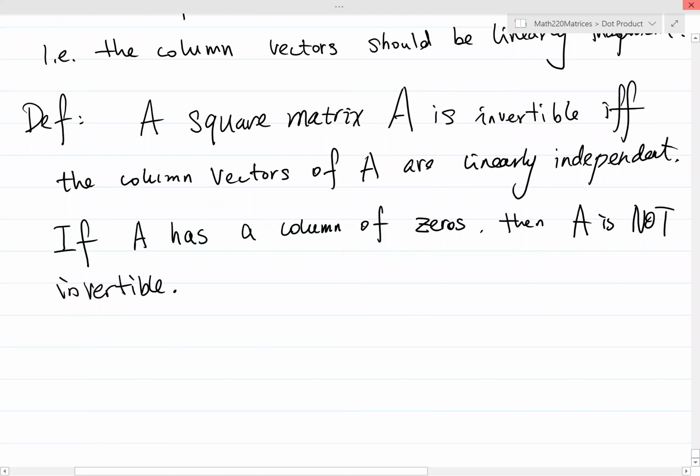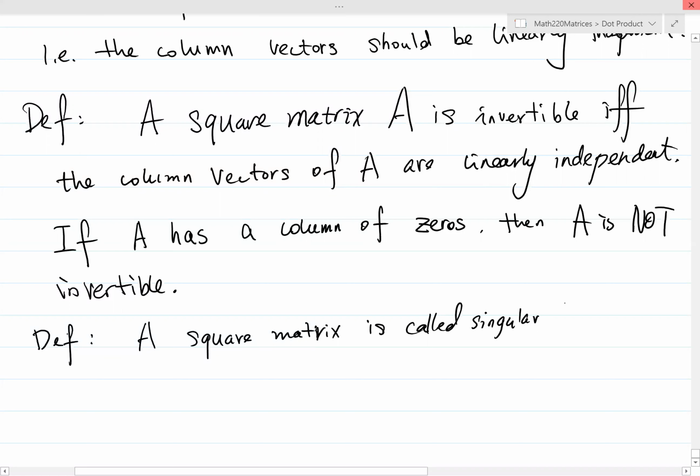Now we give a name to a matrix that is not invertible. Definition. A square matrix is called singular if it's not invertible.